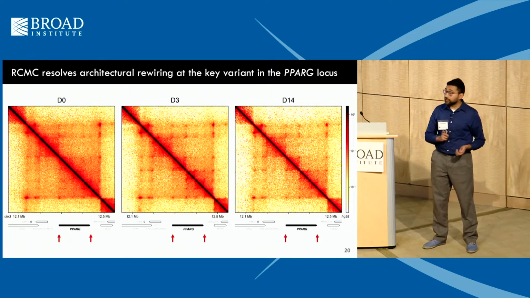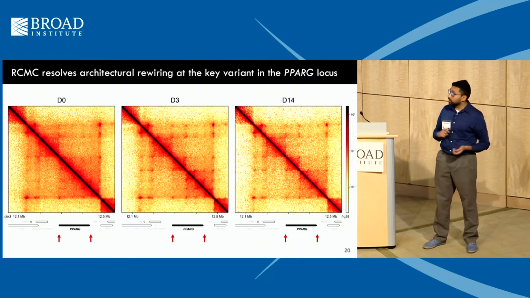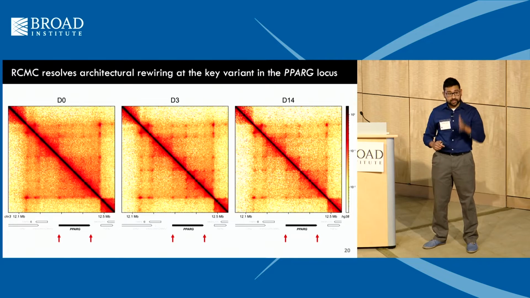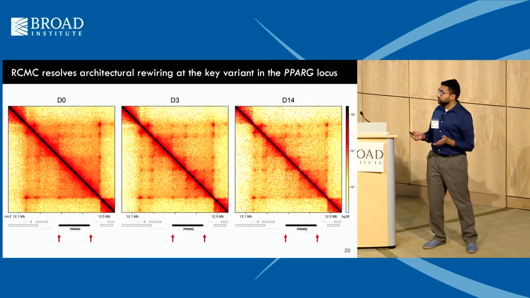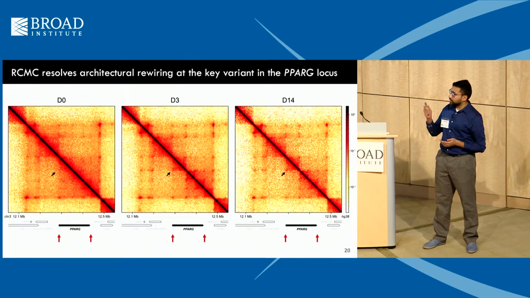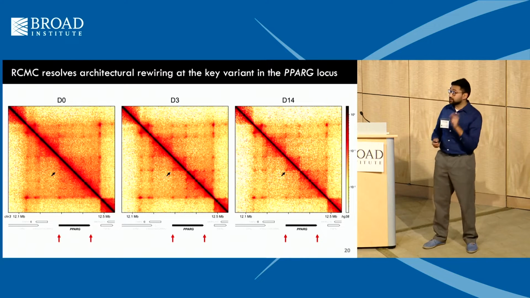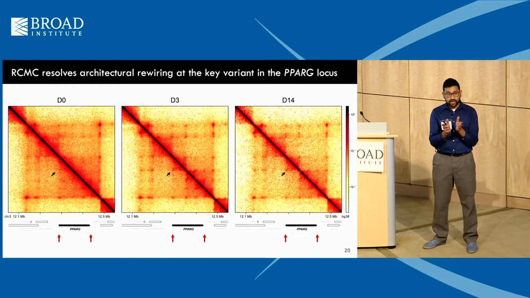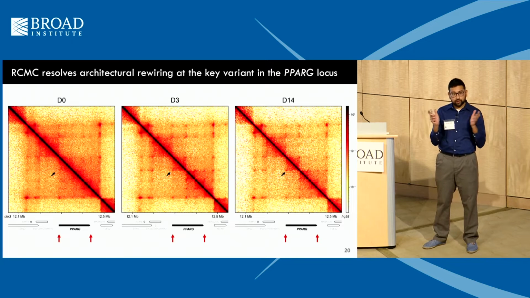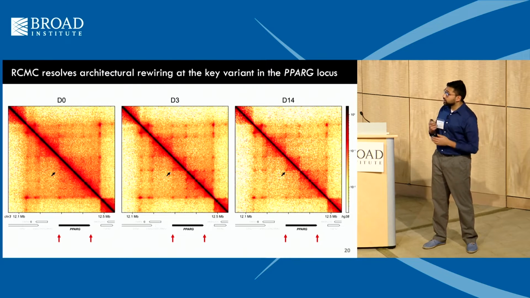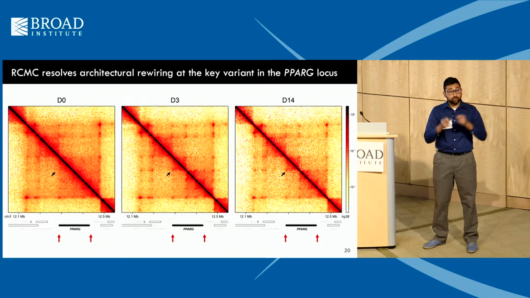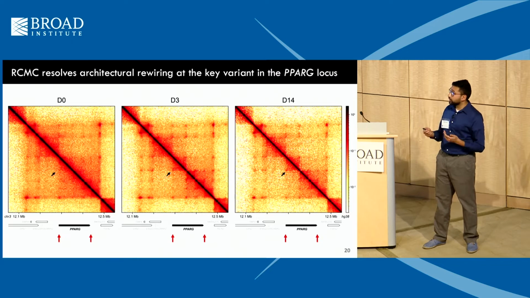And so there's two key variants which I've highlighted here with the red arrows. And you'll notice one of those variants sits at the promoter for the PPARG gene, and the other variant sits just downstream of it. And so if you look carefully at where the promoter for PPARG sits, where that variant sits, you'll notice that there's actually an emergence of a domain that connects the front third of the PPARG gene that emerges across this transition, indicating that there is perhaps some amount of internal regulation of PPARG occurring.